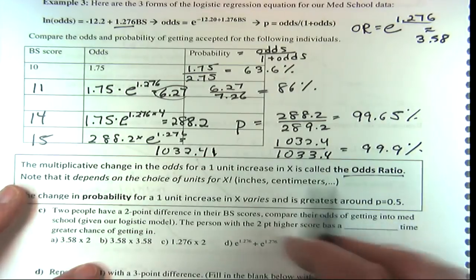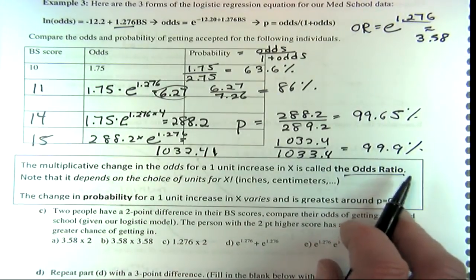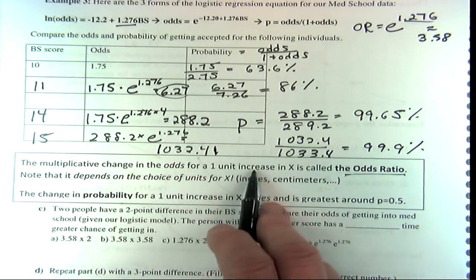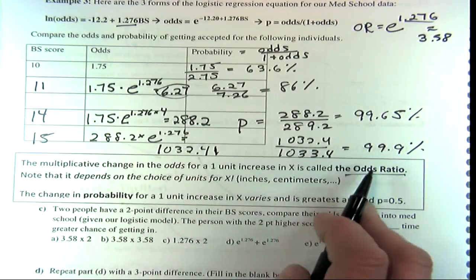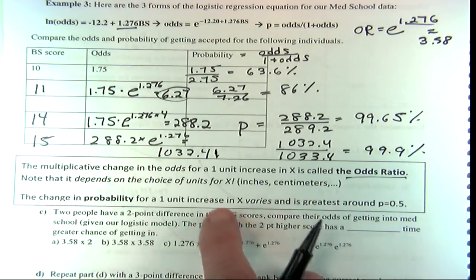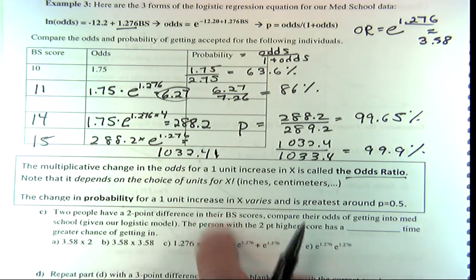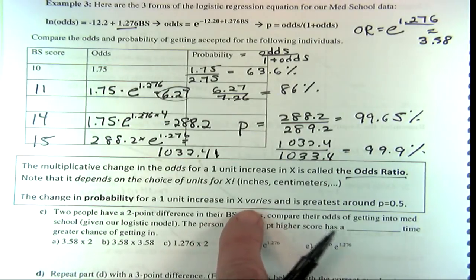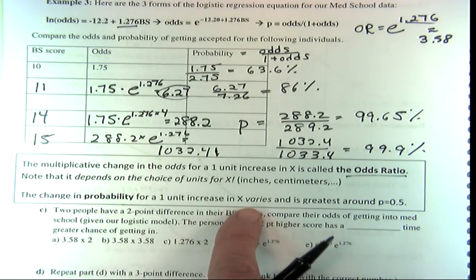So this odds is kind of confusing. There's a lot of different terms, but this odds ratio is talked about all the time. And it's the multiplicative change in the odds for a 1 unit increase in x. The change in probability you can't describe as a fixed anything.